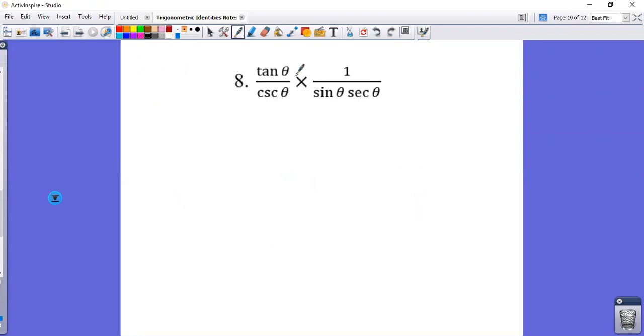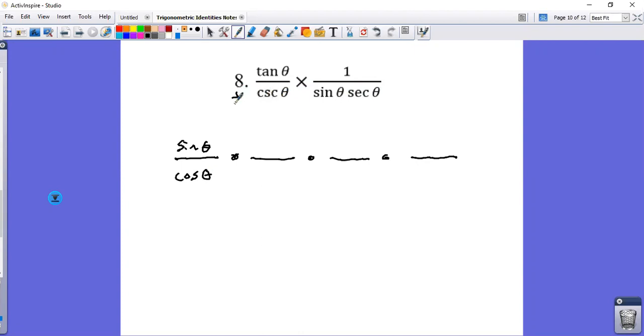Right, so that times, just showing you they're being multiplied. So I still have 1, 2, 3, 4. They're all being multiplied. So I'm going to write them out as 4 fractions. The tangent that's in the top, I'm just going to write normally as sine over cosine. The rest of them are denominators, so I'm going to have to do the reciprocal.